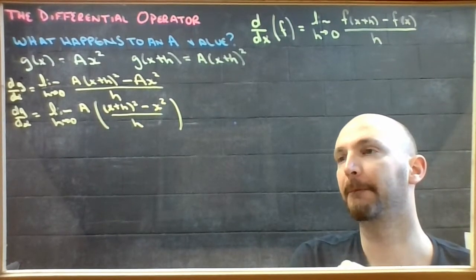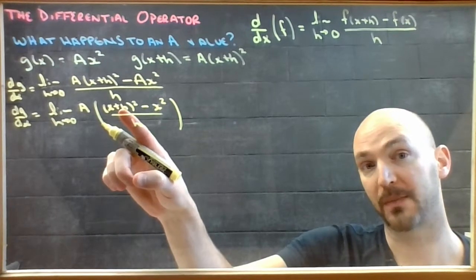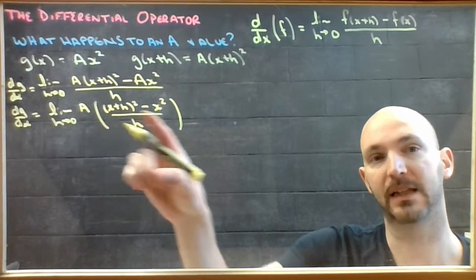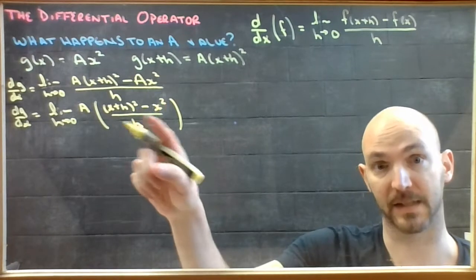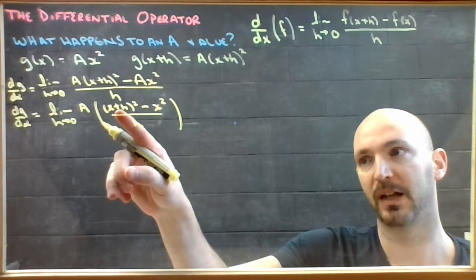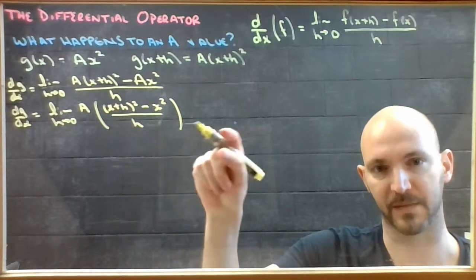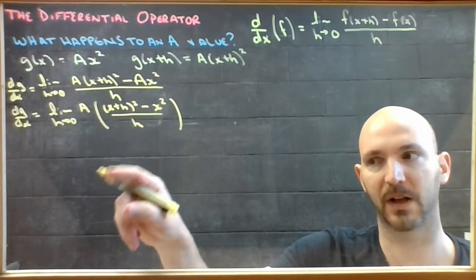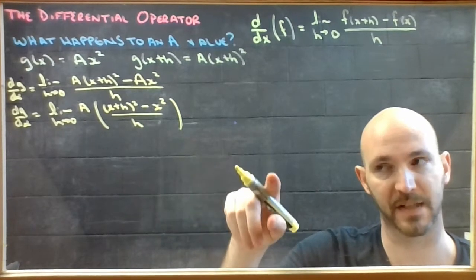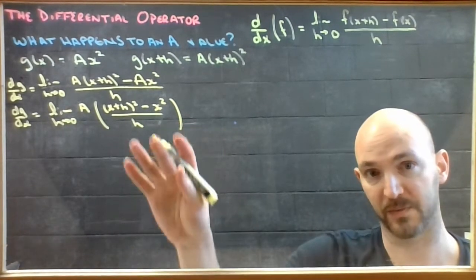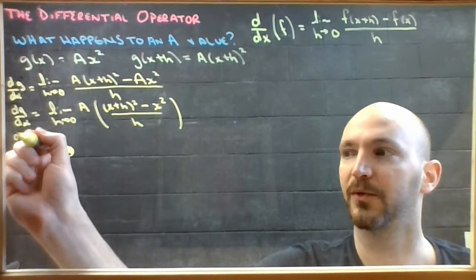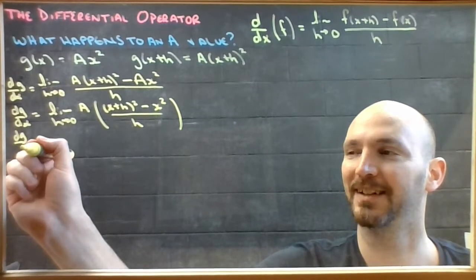Okay. I'm going to have to expand this bracket, and in the problem sets you're going to get to this point and you're going to have to do it too, where if you have an x plus h cubed, you'll have to do the thing times itself, or if it's power 4, you'll have to do the thing times itself, in order to work through this particular algebra. For here, I saved the simple one for me.